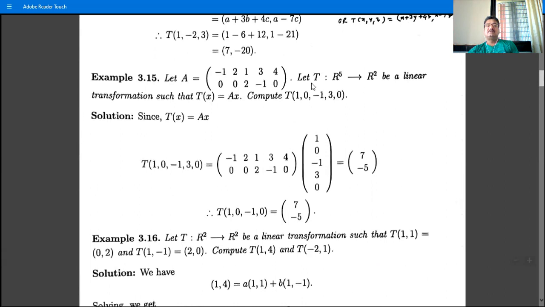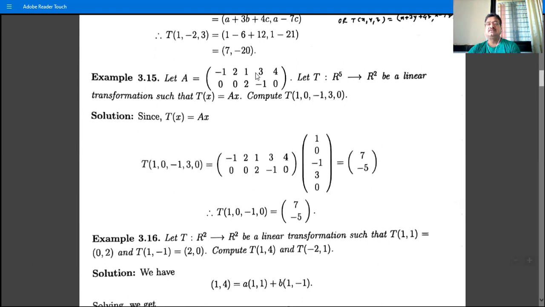Next is: let T from R5 to R2 be a linear transformation such that T(x) is equal to Ax. Then compute T(1, 0, -1, 3, 0). So T(x) is equal to Ax. Suppose x is (1, 0, -1, 3, 0).